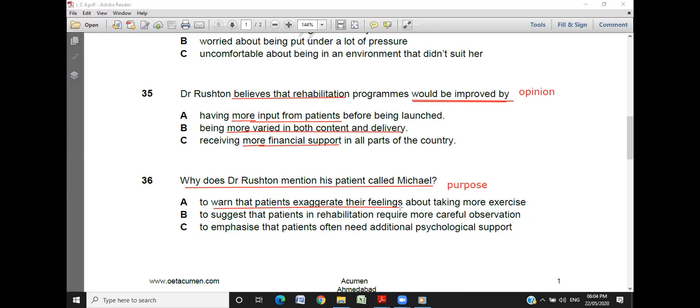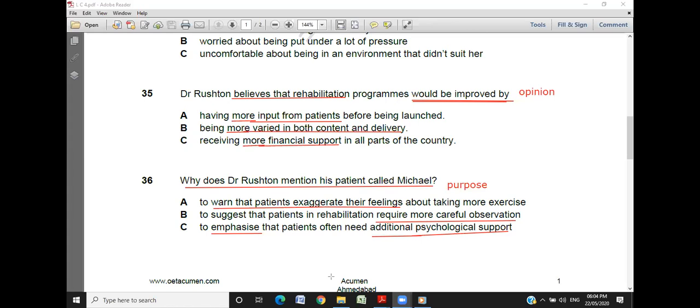Is he trying to say how patients exaggerate their feelings? Okay, whether he's trying to prove that they require more careful observation, or is he trying to emphasize the need for psychological support? Okay, so now I'm playing this audio.